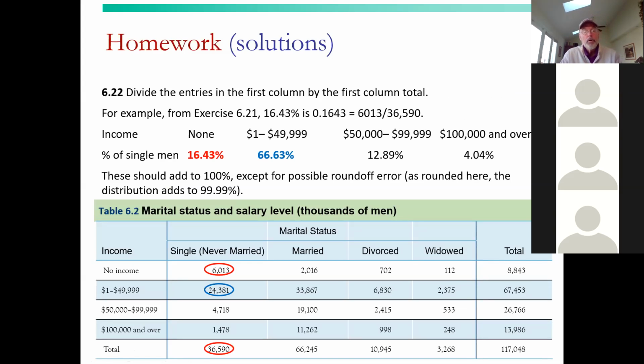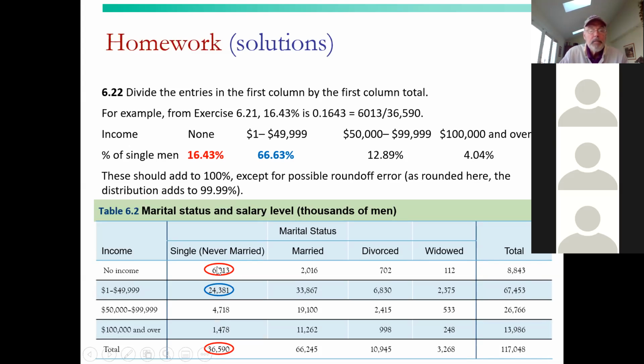All right, so if we were to start to think about this idea, divide entries in the first column, and we're starting to think about the percentages that go along with this column right here.